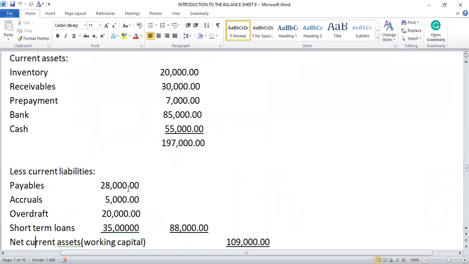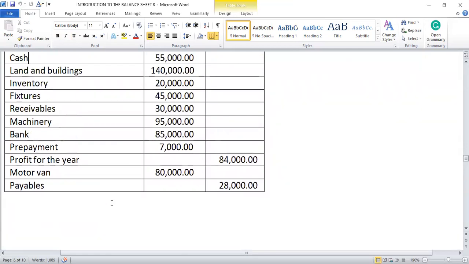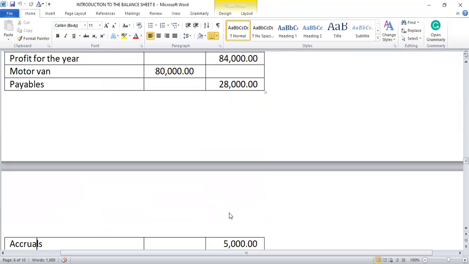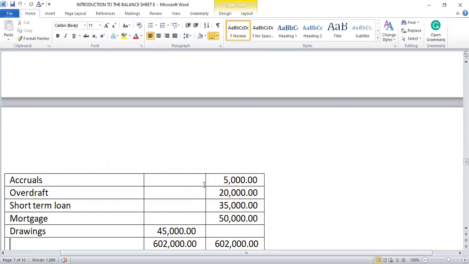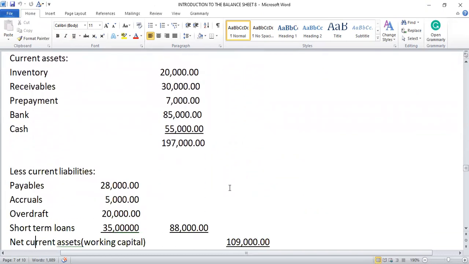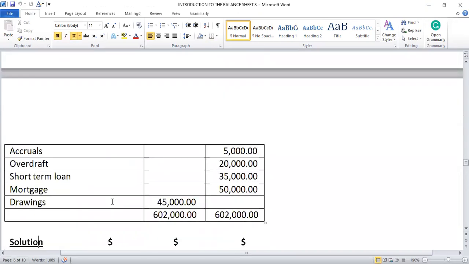Then we deduct all our current liabilities, which are payables, $28,000. Accruals, $5,000. Overdraft, $20,000.